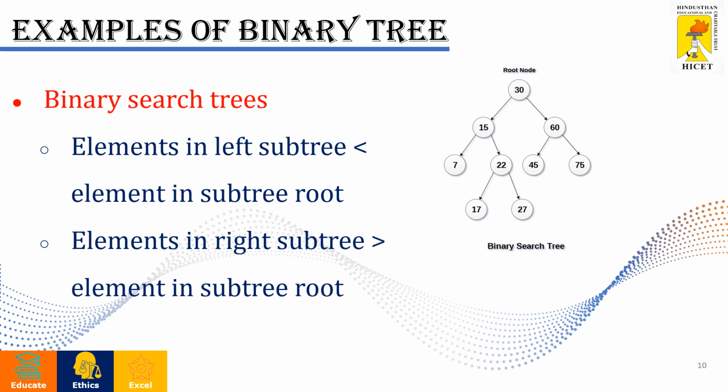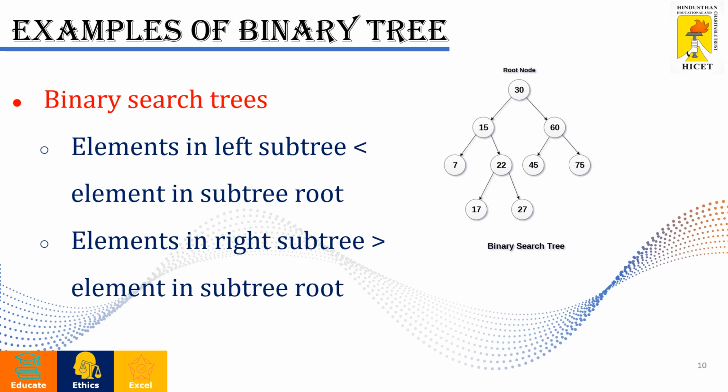This is considered for each node. So when you consider the data of each node, the left subtree will have a value lesser than the parent node, and the right subtree will have a value greater than the parent node.